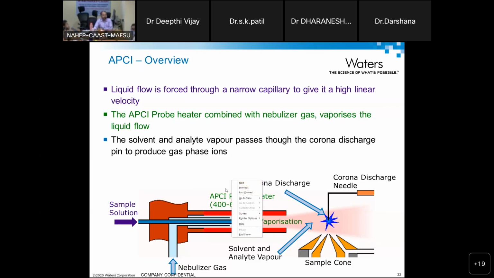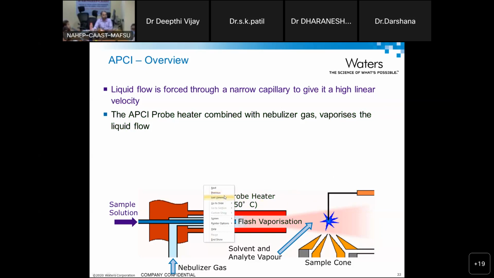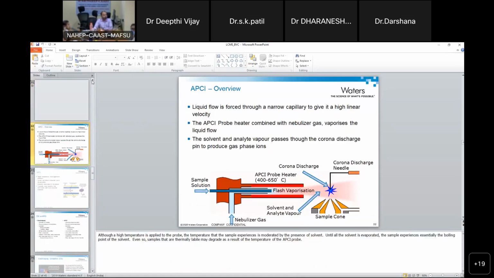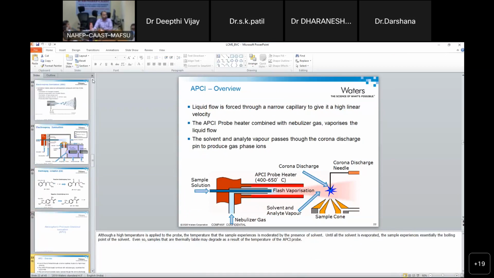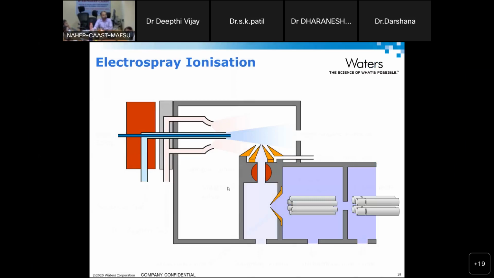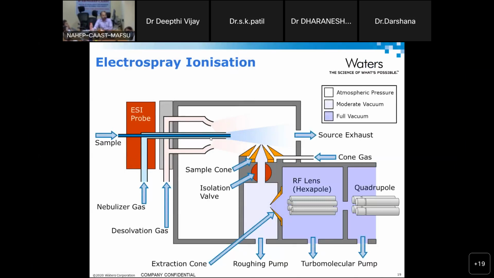Whereas if you look at the electrospray capillary, it is outside of the probe. Okay, and we apply a capillary voltage at the tip of the electrospray capillary. Whereas in case of APCI, this capillary is inside the probe because of the difference in the ionization techniques of these two ionization sources. Okay.